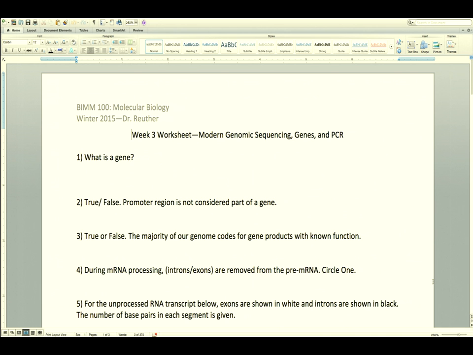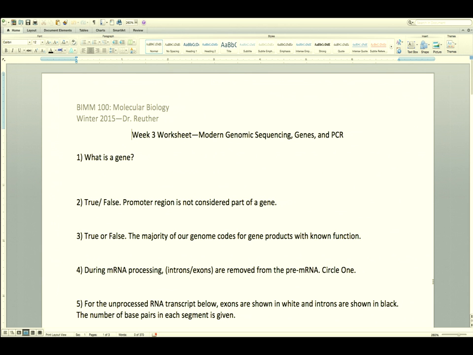So a gene is a DNA sequence that codes for a gene product. Now, gene products can be two things. What can be possible gene products that we went over? Proteins, another one, RNA. So it can be proteins or RNA as gene products.